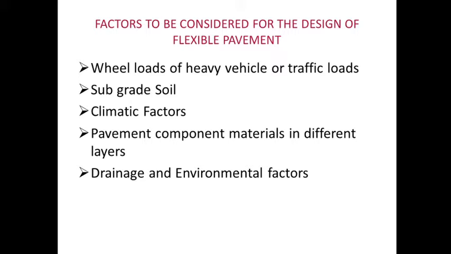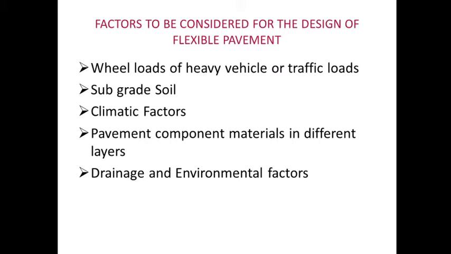The bottommost layer of the pavement is the subgrade. The strength of subgrade is expressed as CBR in percentage. If the CBR of the subgrade is less, the pavement layer thickness is more. Then climate factors such as temperature stresses.